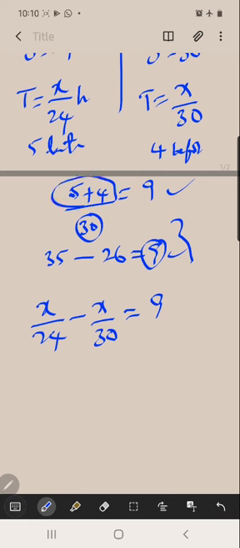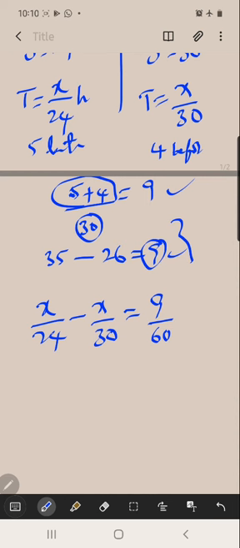Just these minutes you have to add it, but not this one. Here you have to subtract hours. So x by 24 hours minus x by 30 hours equal to 9 by 60. Don't write 9 because 9 is in minutes. Converting into hours, it becomes 9 by 60. This is the equation. We got it.